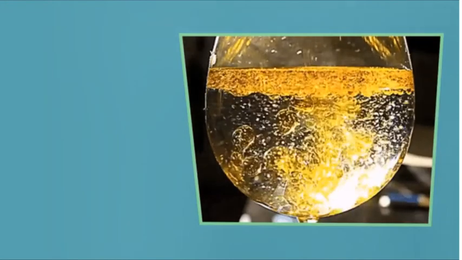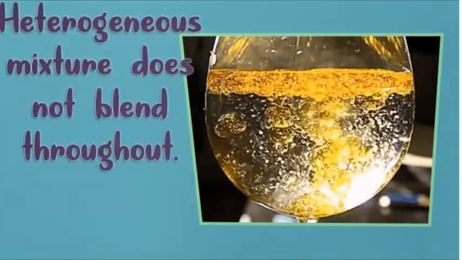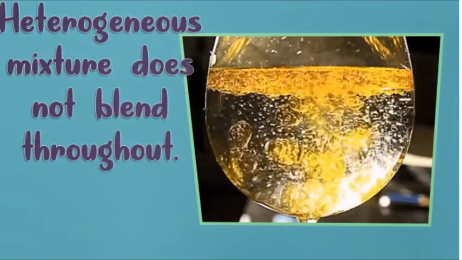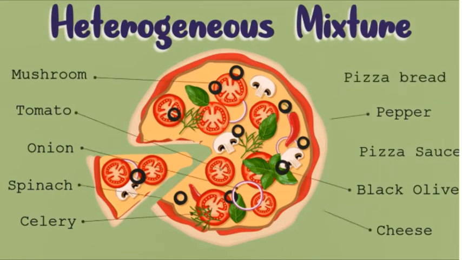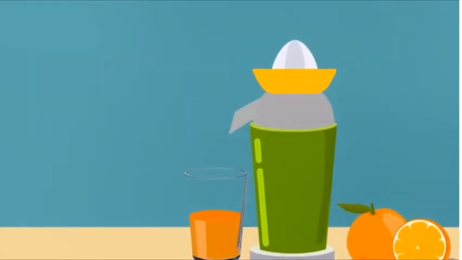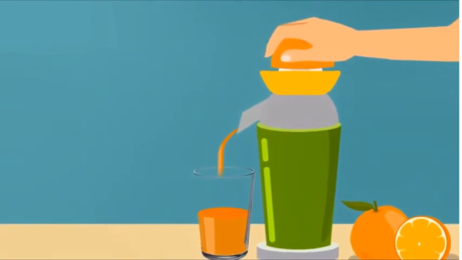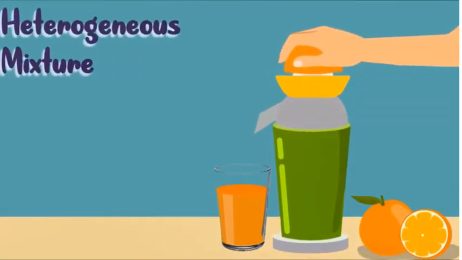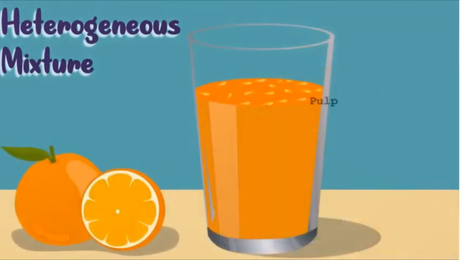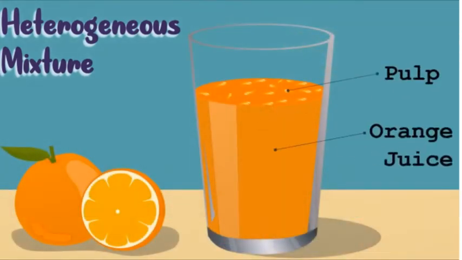The composition of a heterogeneous mixture does not blend throughout. The individual substances or components are recognizable or remain distinct. The phases or substances are all visible. For example, freshly squeezed orange juice is a heterogeneous mixture of juice and pulp. The pulp component floats in the juice component.